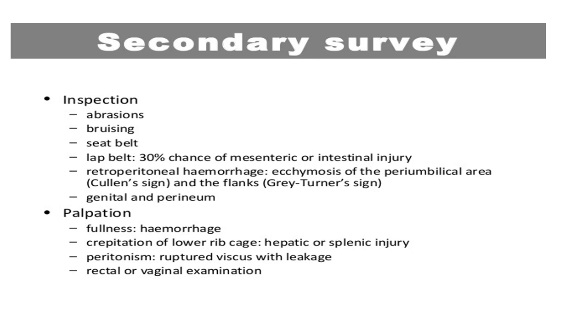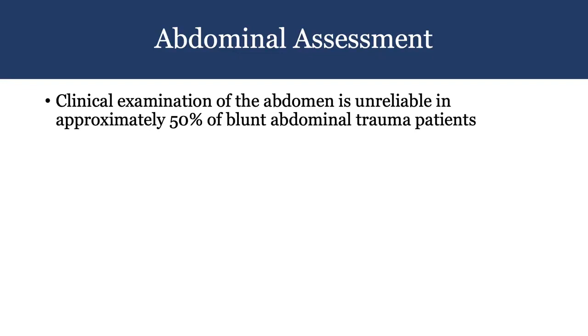The patient may have tenderness and rebound tenderness, so features of peritonism, which could demonstrate that there is a ruptured viscus with leakage. It is always very important in palpation to end with a rectal and vaginal exam, so that you can assess if there's penetrating injury or if there's involvement in other areas as well.